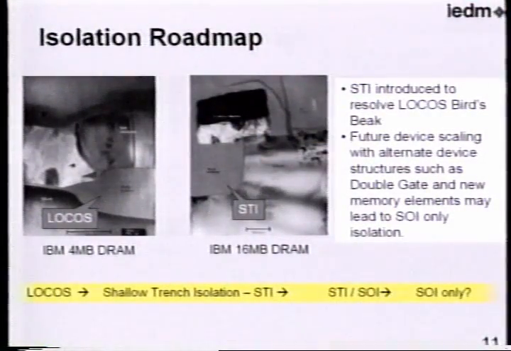Well, in isolation, the roadmap has been, just quickly, we've gone from a LOCOS type structure, which was used for many years. Some of us are old enough to remember this. We always had the problem with bird's beak and so forth, and trying to reduce that.